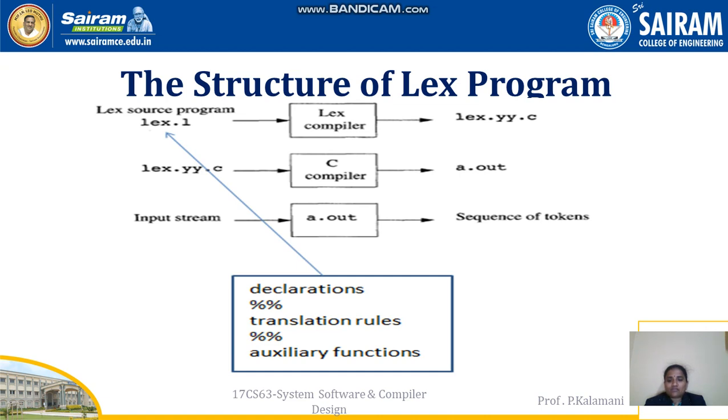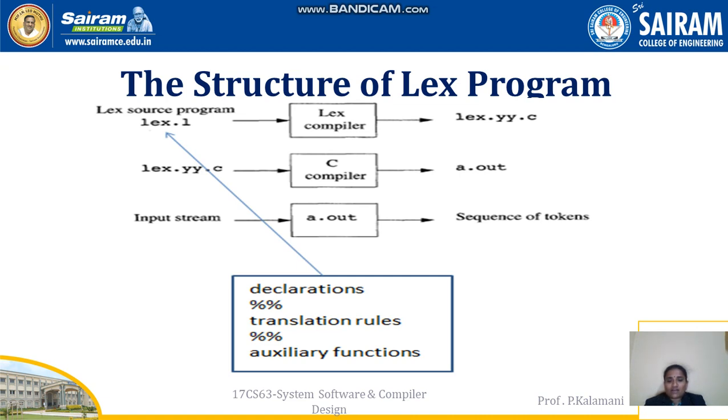For example, suppose our aim is to count the number of vowels and consonants in a program. We want to count how many vowels and how many consonants there are. For both we use variables. We can give int vowel, and we want to initialize that variable to 0, so int vowel equal to 0, int consonant equal to 0.